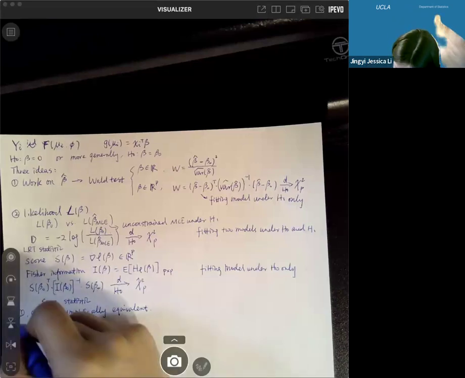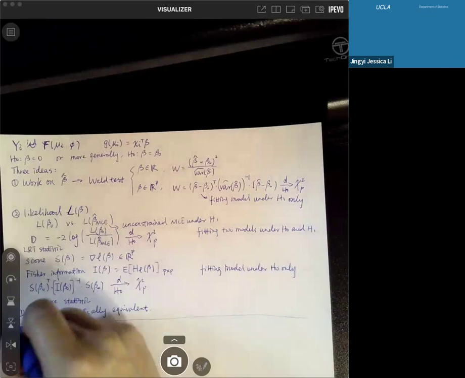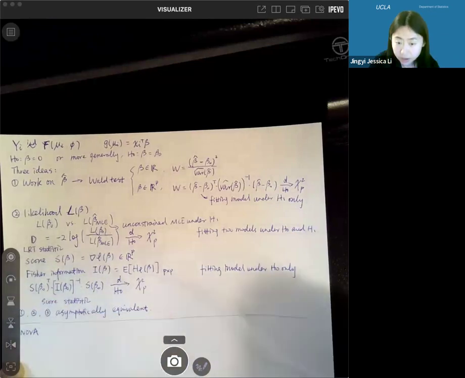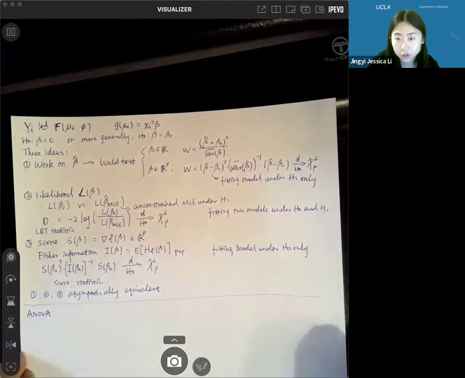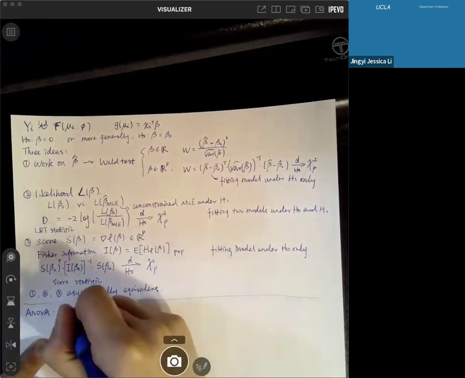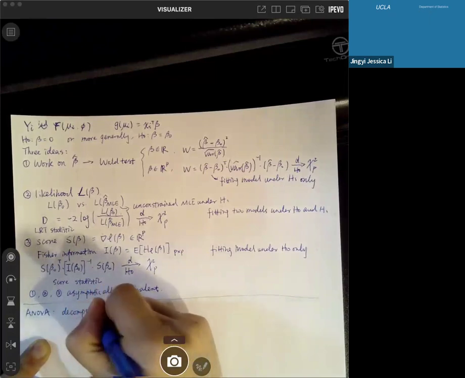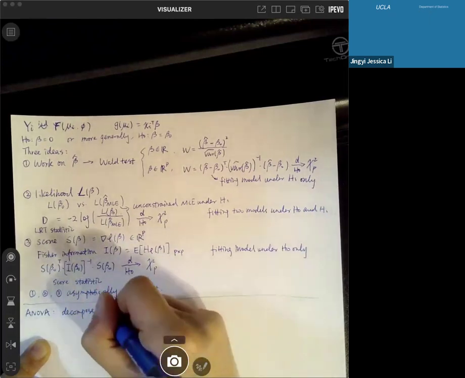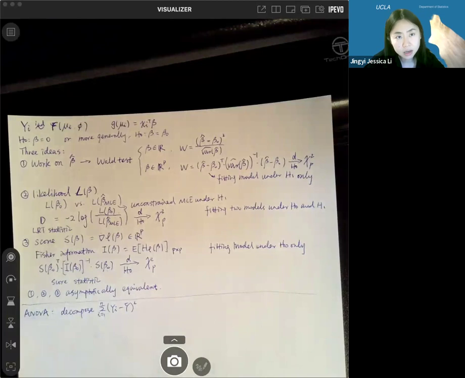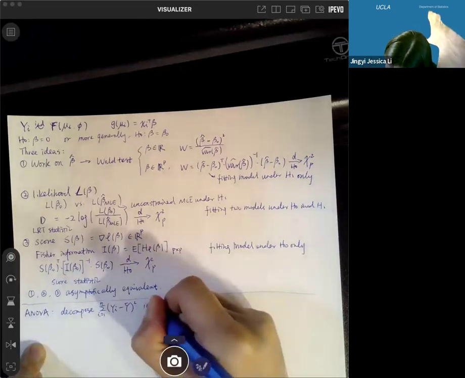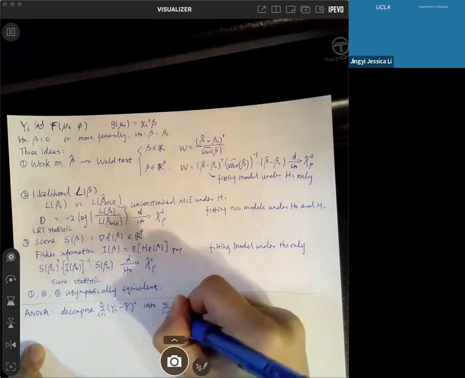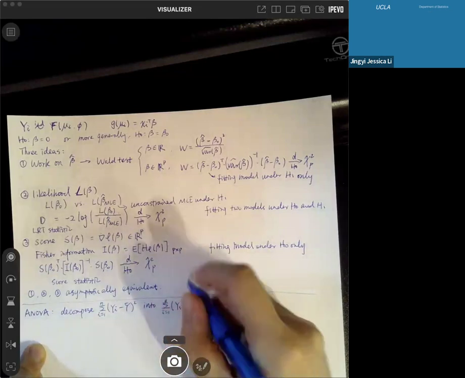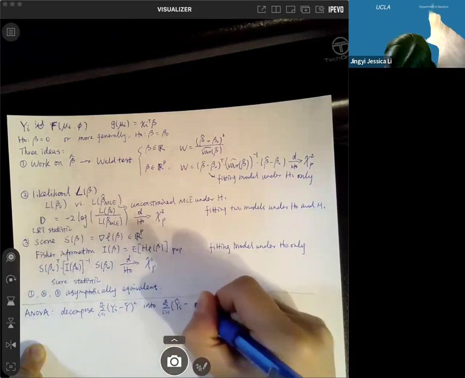On a side note, ANOVA is a different perspective in which you try to decompose the sum of (yi minus y bar) squared, the variability among your n responses, into terms explained by your model, the sum of (yi hat minus y bar) squared.